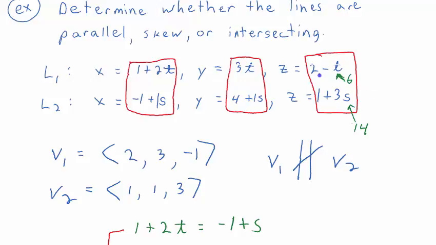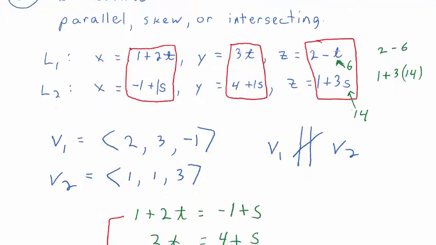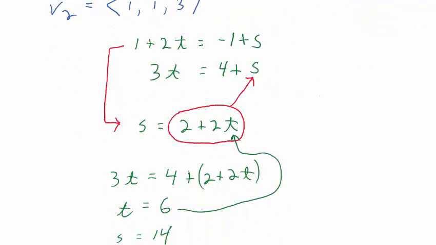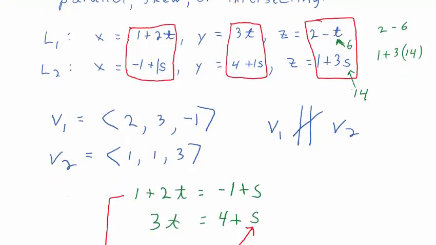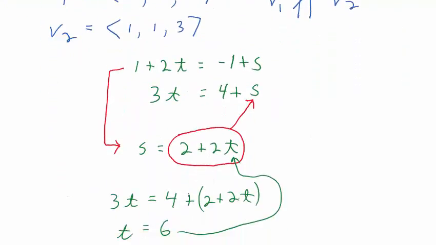But you'll notice if I plug in 6 here, I get 2 minus 6 for z. And if I plug in 14 for s here, I get 1 plus 3 times 14 for z. Not the same. I don't even need to do the arithmetic. I know that 2 minus 6 does not equal 1 plus 3 times 14.